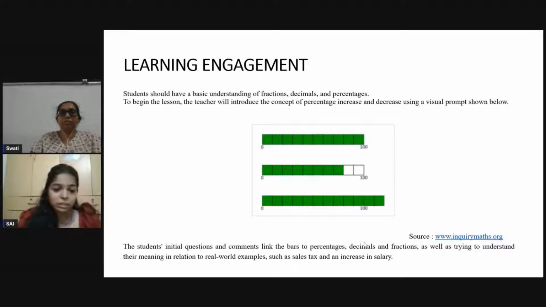Followed by this visual prompt, they will have a set of questions, which is basically a worksheet with questions formulated in words, and they will work with their partners to solve them. Of course, this will be an extension of the inquiry they've done.